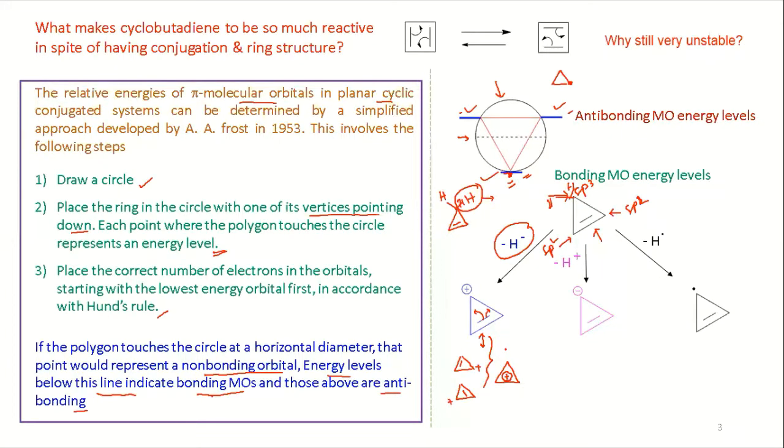That means you have resonance here. Similarly, for this one the same thing can happen, and this way every corner has a chance to have the negative charge. So the negative charge is delocalized, it is moving.